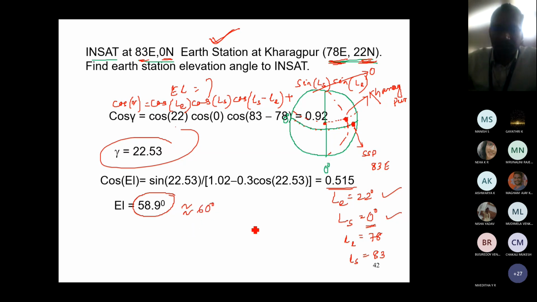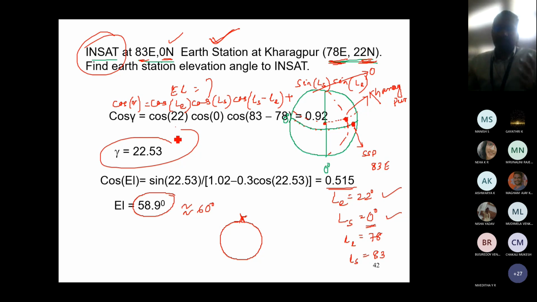So suppose this is your earth. Consider this as the earth, and somewhere your ground station is located, which is your DTH antenna. Assume the ground station is a DTH antenna. As I have said, we are concerned about INSAT. INSAT is a GEO satellite, because its altitude is at 0 degree latitude.